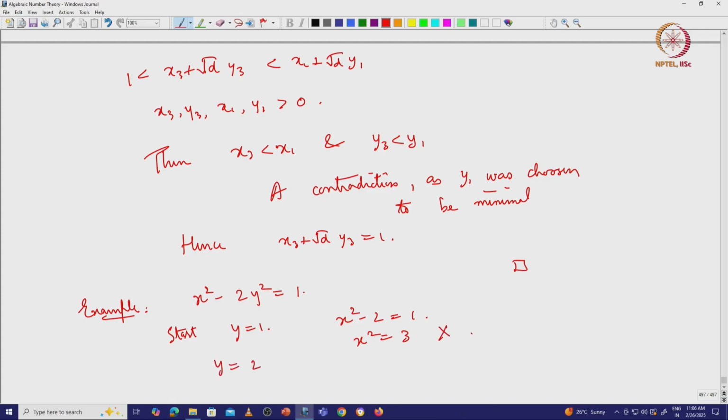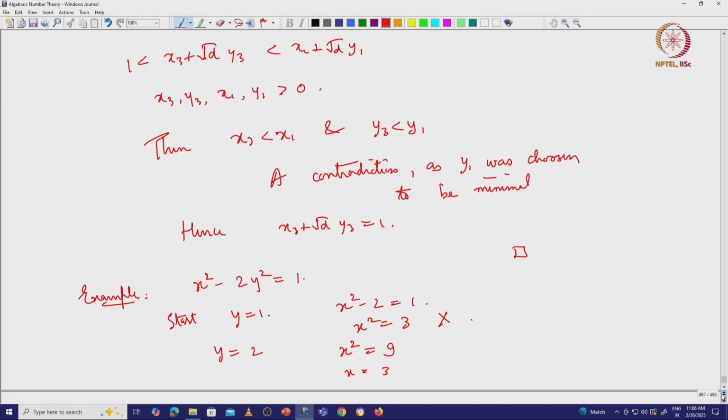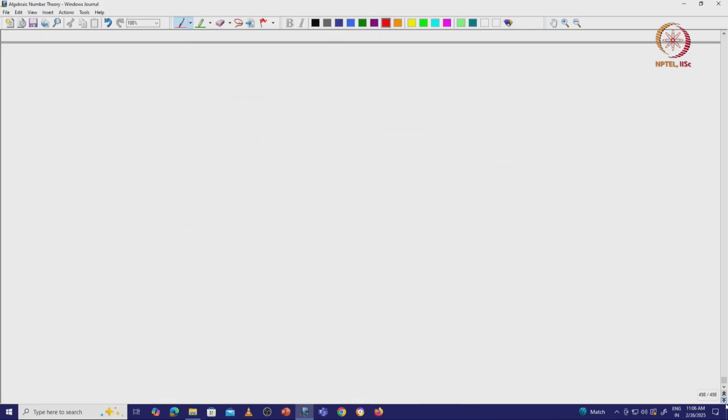So, you take y to be 2 and you get x squared is equal to 9 and you get a solution, right. So, x is equal to 3 or minus 3, it does not matter up to sign, right. And so, 3 plus 2 square root of 2 is a fundamental solution.